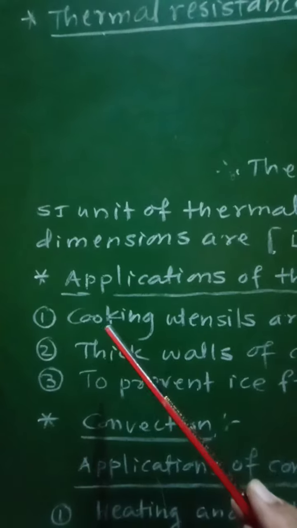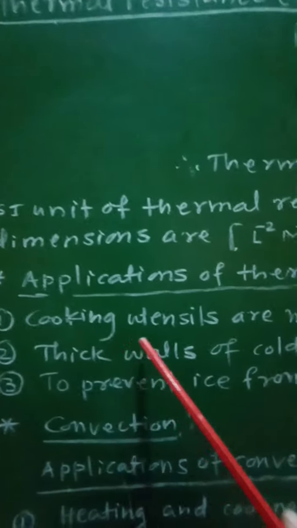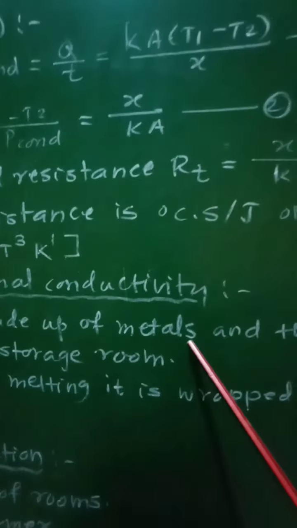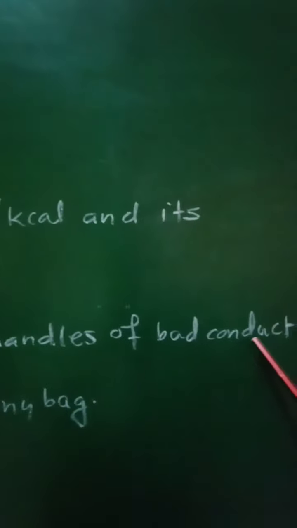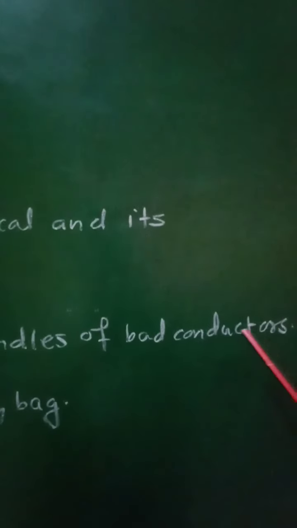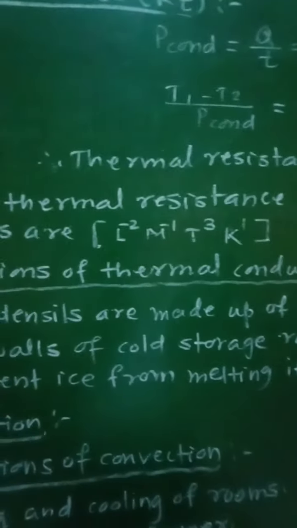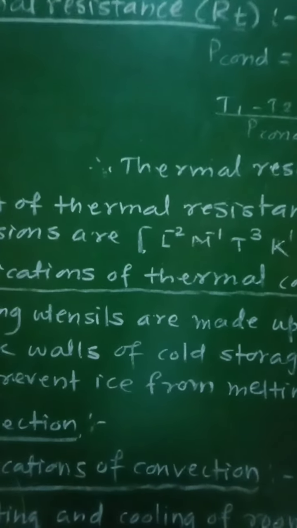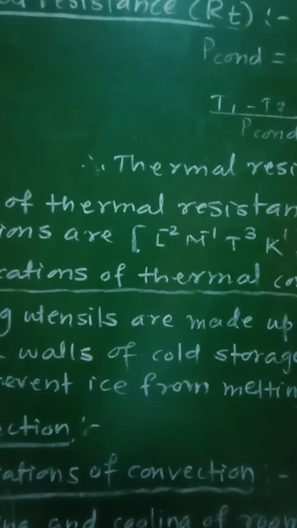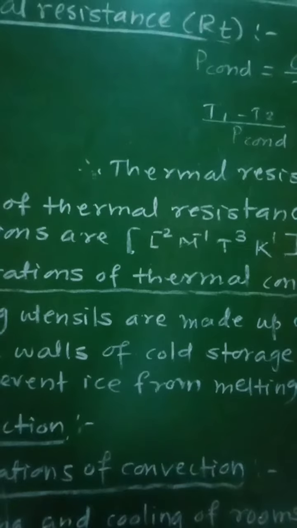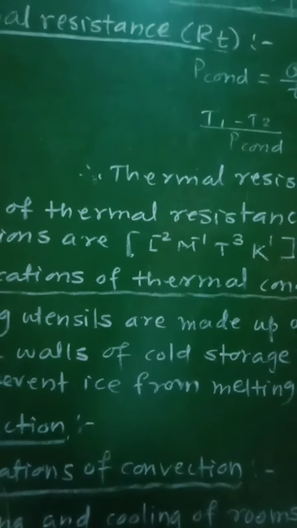The very first application is the cooking utensils, which are made up of metals and their handles are made up of bad conductors of heat. If you consider the cooking vessels, the cooking utensils are made up of metals and are provided with handles of bad conductors.